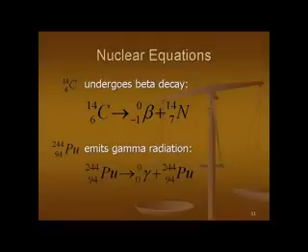The beta particle is a 0, -1 with the Greek letter beta, or you could use an e there, but we know that it's an electron that's being ejected from the nucleus. And then the other product is 14,7 nitrogen, or nitrogen-14. Now, the mass is conserved because a beta particle is considered to have no mass. So 14 for the carbon, 14 for the nitrogen. We have the same amount of mass on each side.